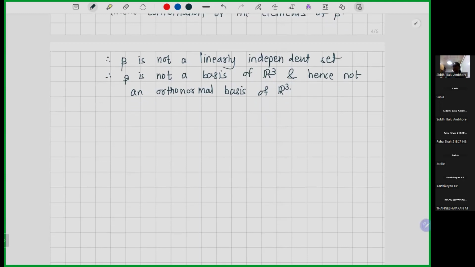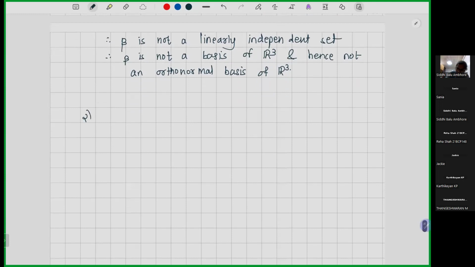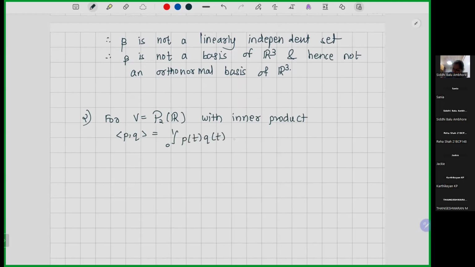So the second one is for V equal to P2R. P2R is the set of all polynomials in one variable with degree less than or equal to 2 with inner product <P, Q> equal to the integral from 0 to 1 of P(t) Q(t) dt.